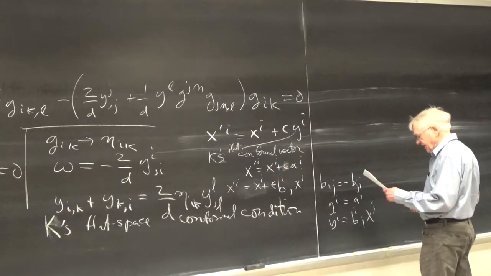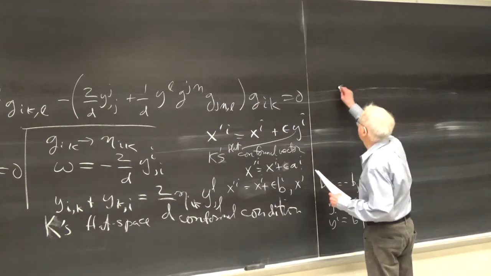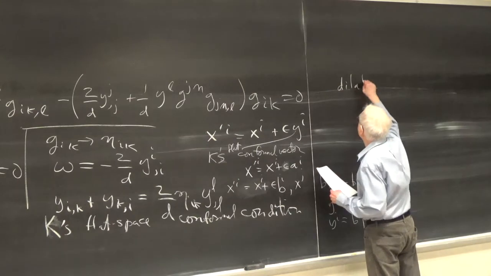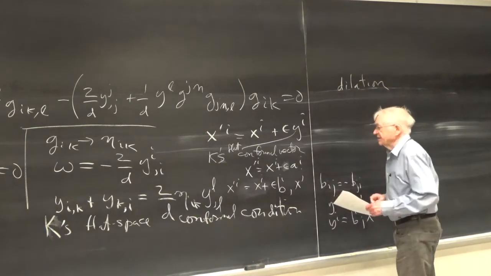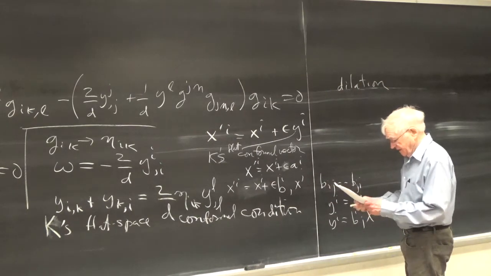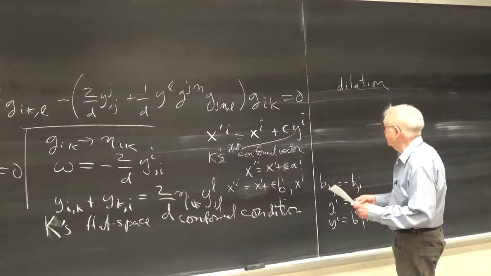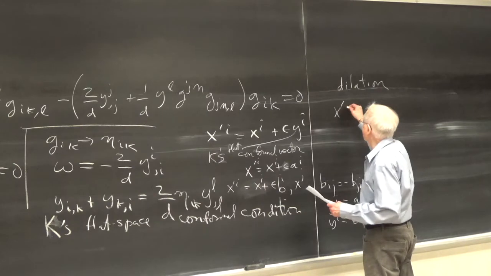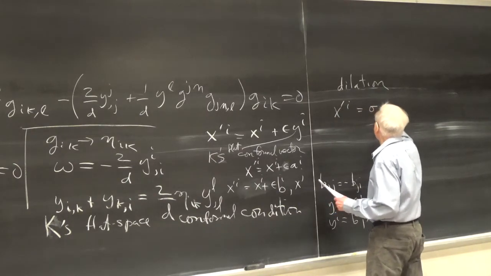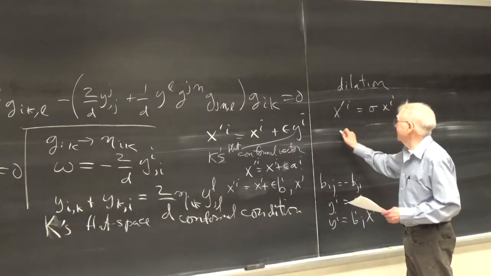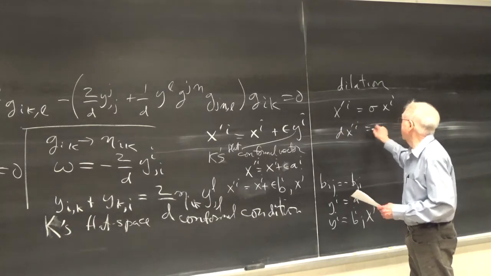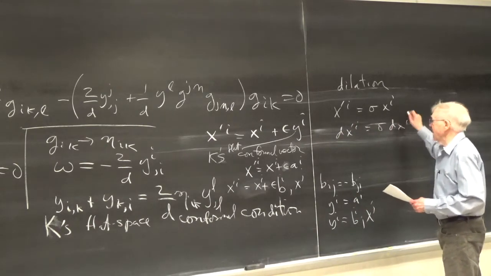The next step is what's called a dilation. It's kind of evident that if you let x'^i equal sigma x^i, then effectively dx'^i is sigma dx^i.